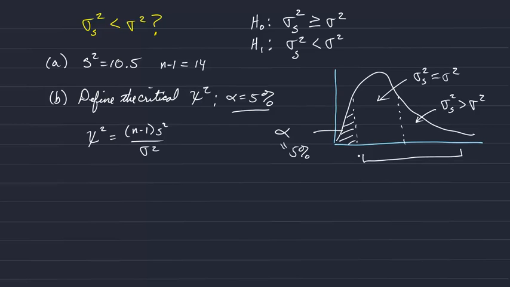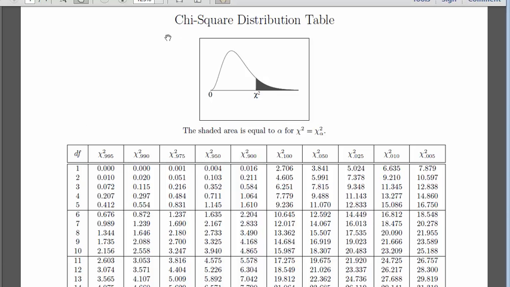And so this corresponds to chi-squared of 1 minus alpha, so that's 95%, and again, 14 degrees of freedom. So to find that critical chi-squared value, we go to our trusty chi-squared distribution table, and we look under our degrees of freedom is 14, and we look for chi-squared 0.95, and that's 6.57.